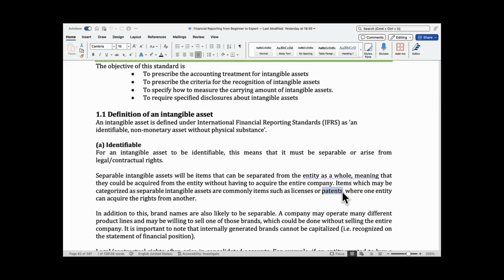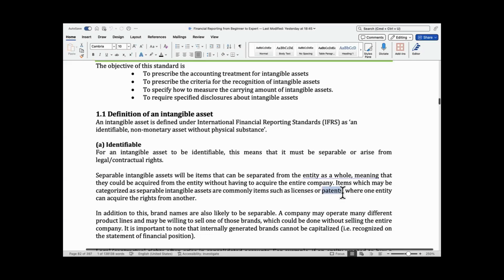When you have an invention and you don't want any other person to use your invention without coming to see you first, so you patent it. So when you have a patent, that piece of document you get is an intangible asset, but you can sell it out. You can transfer it. It's something that is actually very separable, and a lot more like that.